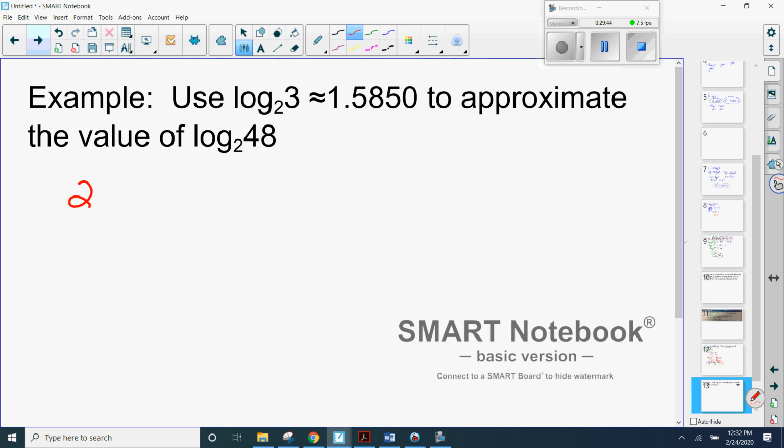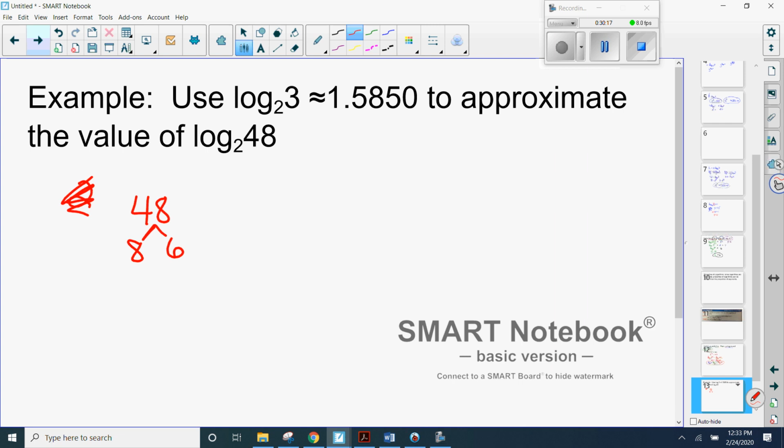How many times? You sure? 2 times 2 is 4 times 2 is 8 times 2 is 16 times 2 is 32 times 2 is 64. So 2 doesn't work. What do you think of when you hear 48? 12 and 4. What else? 8 and 6.